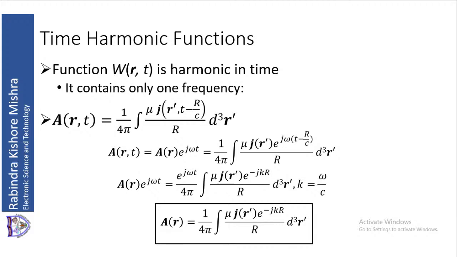R dash is the position vector of the source. So this is the spatial part. Then multiply that with exponential j omega t, and that will give you the complete vector.